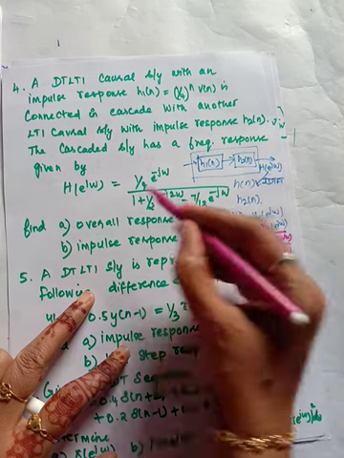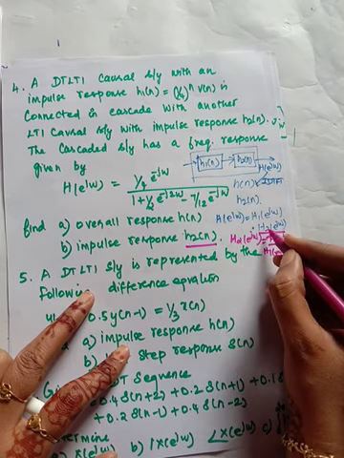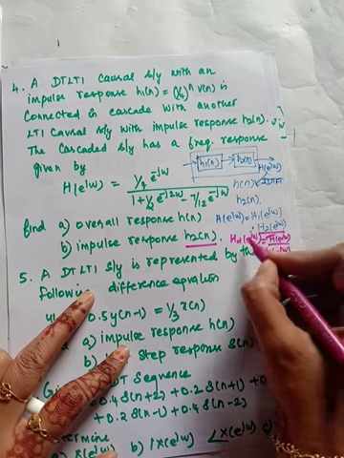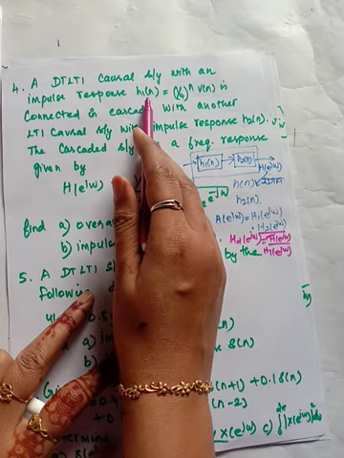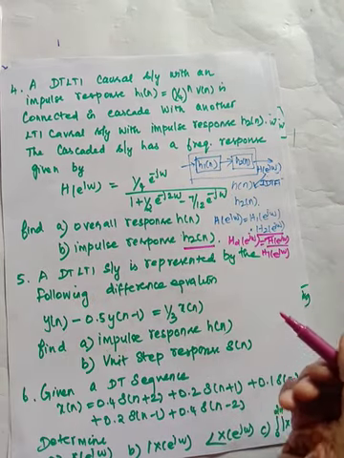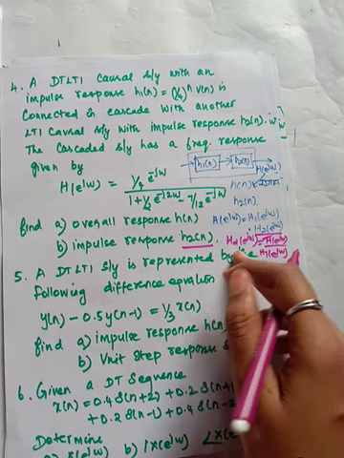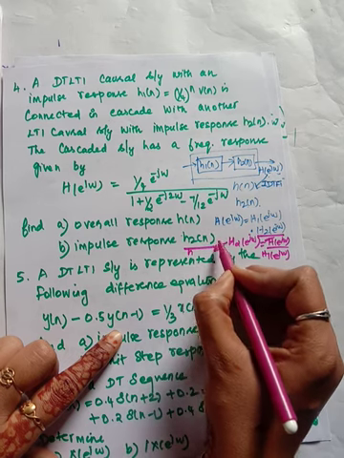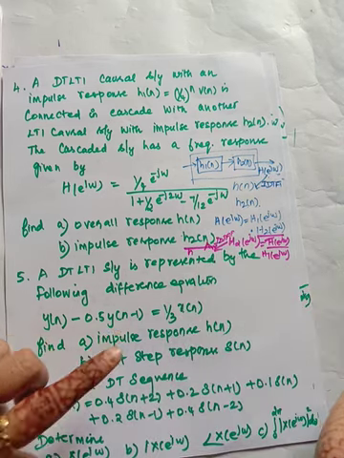You know H of e^(j omega), and from h1 you need to find H1 of e^(j omega). Then divide these two terms and find H2 of e^(j omega), then take the inverse DTFT to find this h2 of n.